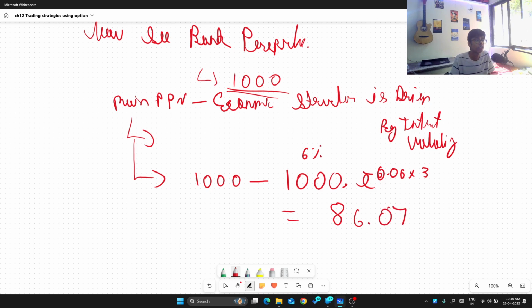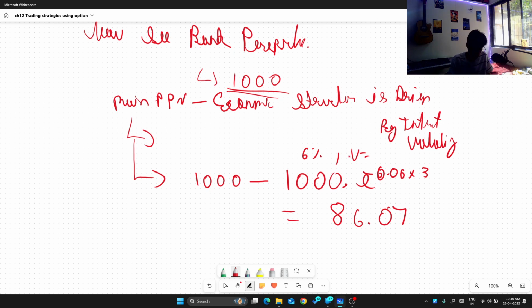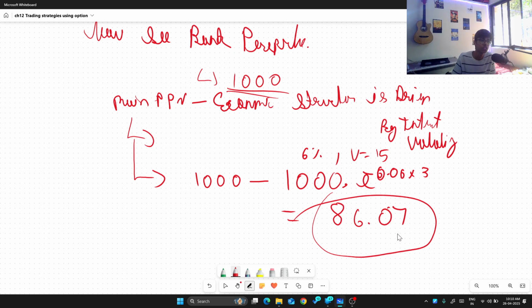Let's say volatility is 15%. So for 15% we have 86.07 rupees left to buy a call option.